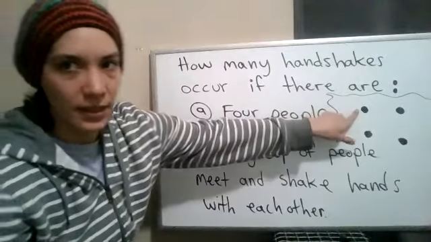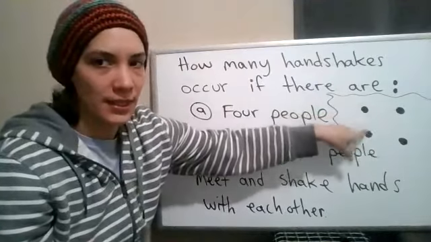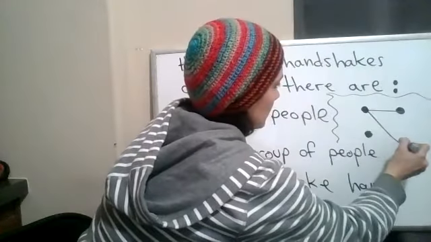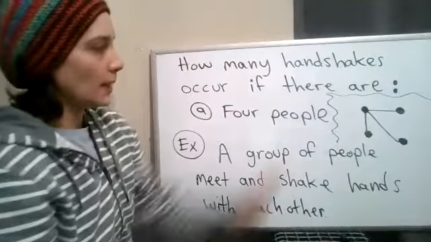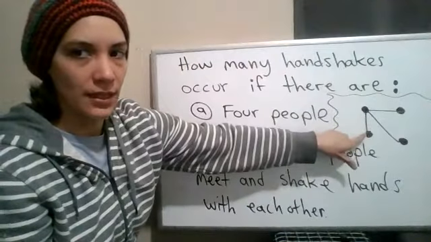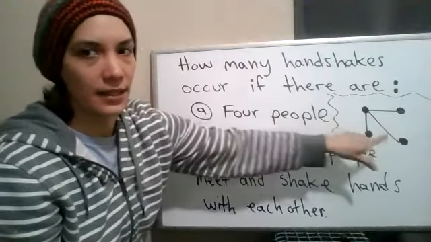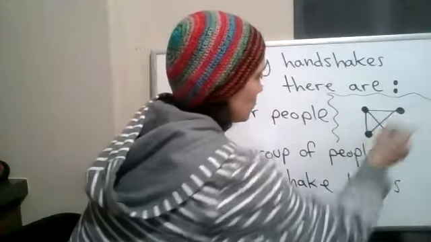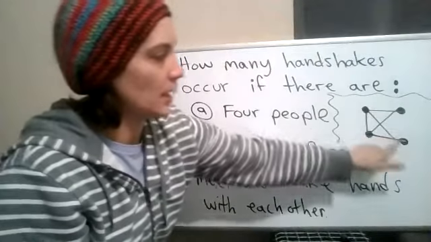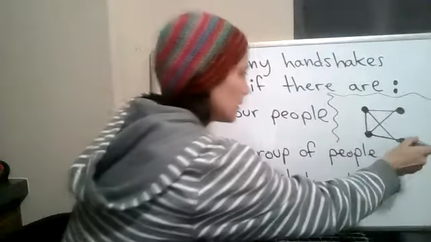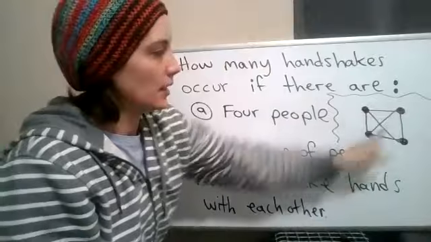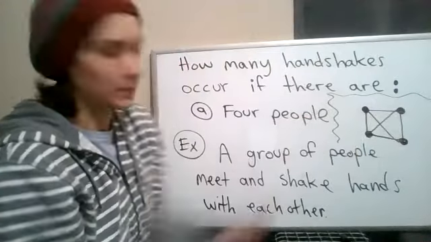This person shakes hands with that person and that person and that person. Let's go this way. Here, we've already shaken hands with the person next to us, and then let's go across and to the other side. Okay, this person has met with that person and that person. You still need to go here. And this should be fine with the connection, connection, connection, back to the beginning.